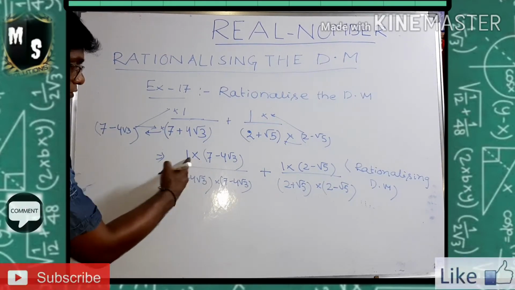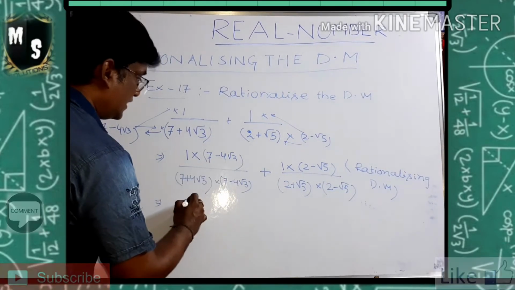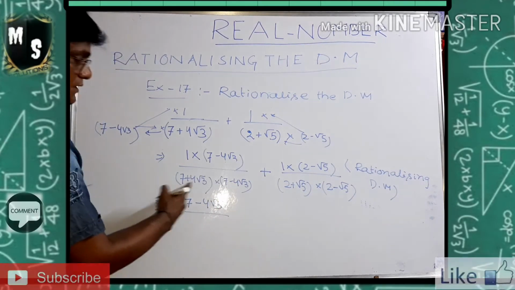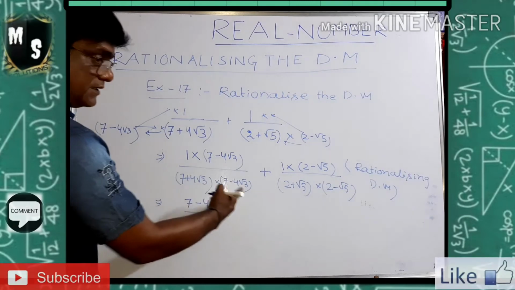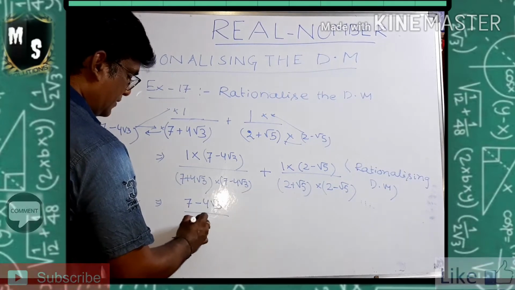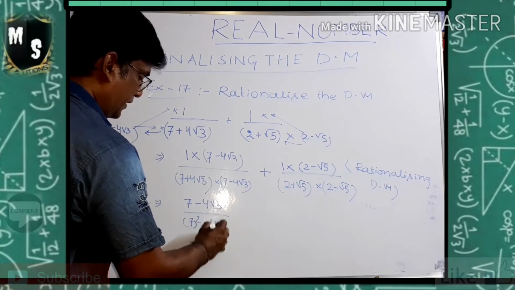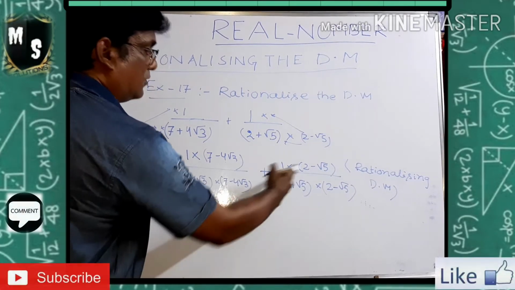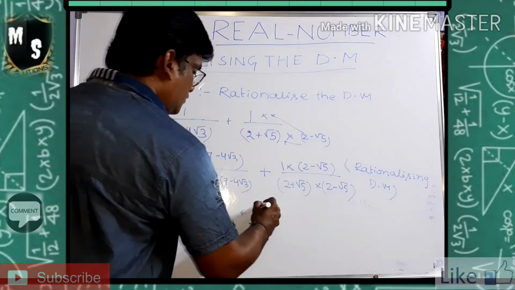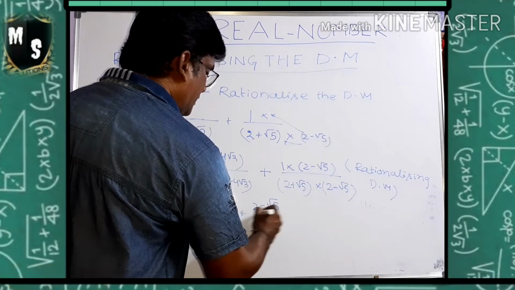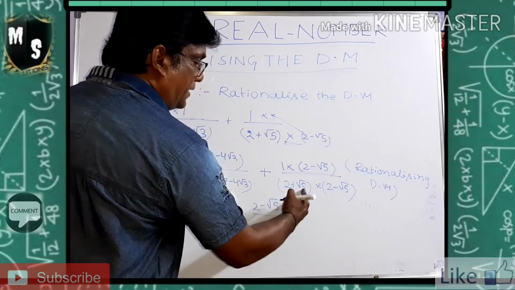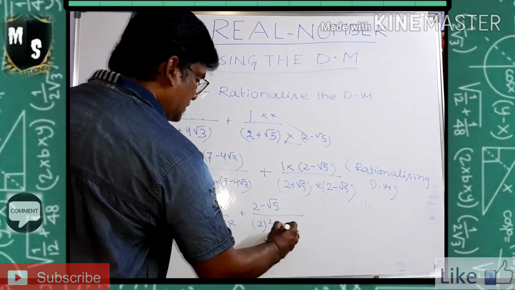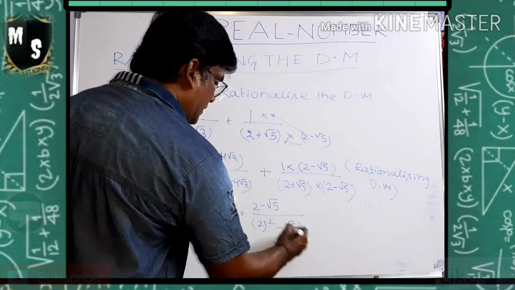It is multiplied with 1, so this much came: 7 minus 4 root 3 by, under the formula a plus b into a minus b, so a square minus b square. Understood? Plus, now this is multiplied by 1, so it is 2 minus root 5 by a plus b into a minus b, a square minus b square.